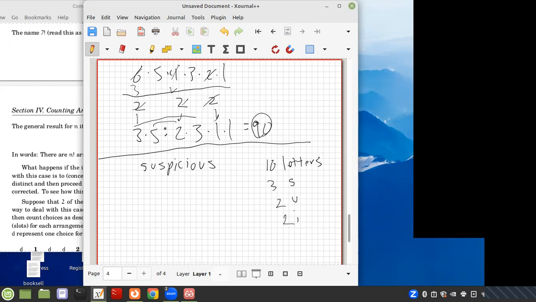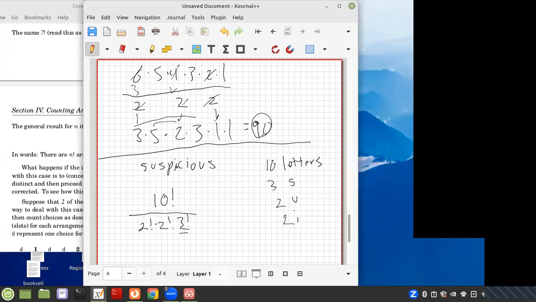So if we counted them overall, we do the total number of letters factorial. That's the number of sequences if they're all independent. Then I do the same thing: I divide out by the 2 U's, I divide out by the 2 I's, and then I'm going to divide out by the 3 S's. But it's 3 factorial, right?